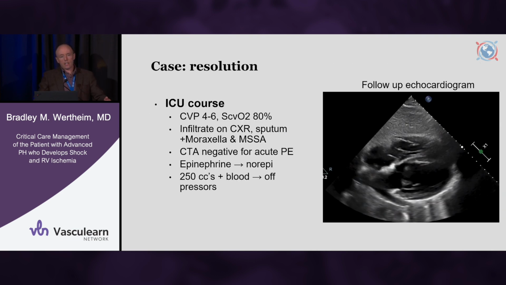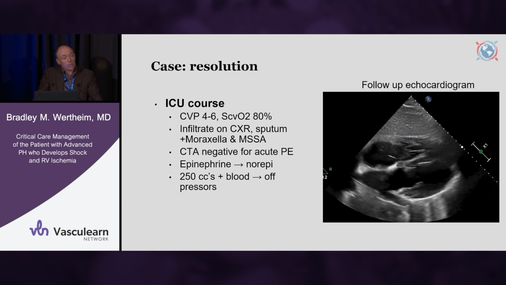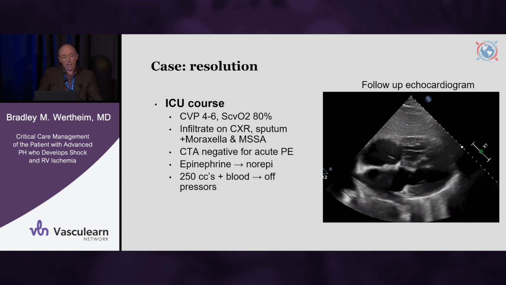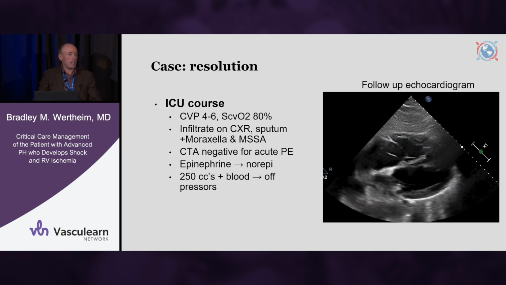So he got to the ICU. A central line went in showing a CVP of 4 to 6 and a central venous O2 sat of 80%. So that was compatible with a relatively compensated, arguably underfilled right heart. By the Fick principle, we're looking at a situation likely compatible with preserved cardiac output, or at least good enough cardiac output, and potentially a situation more compatible with distributive shock.